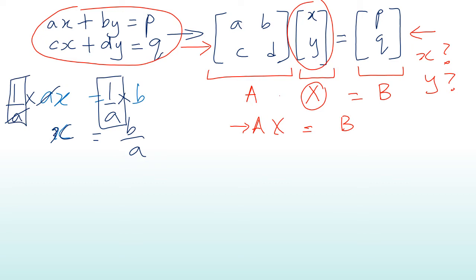So we go back here. You don't want this A, so you multiply it with the inverse of A. This AX, you multiply it with A inverse, and your A will disappear.